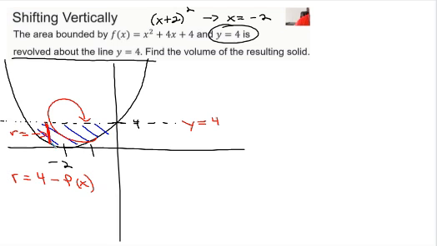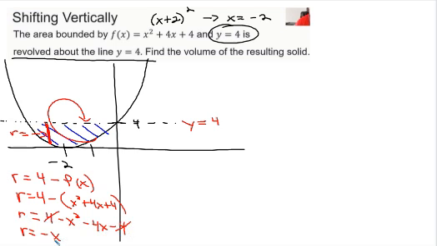So my radius is 4 minus that x squared plus 4x plus 4. So we can clean that up a little bit before we put it in the integral. That's going to be 4 minus x squared minus 4x minus 4. So my radius is just negative x squared minus 4x.